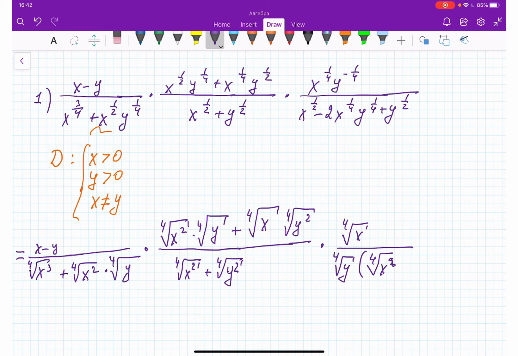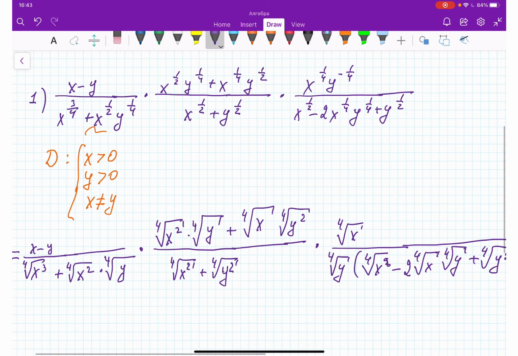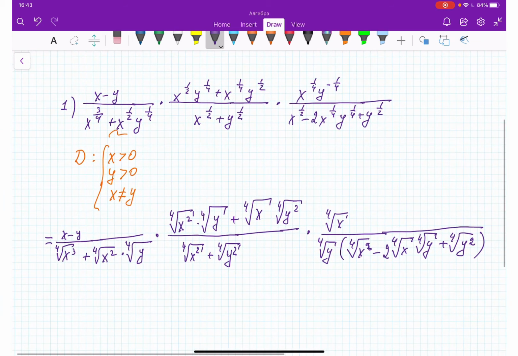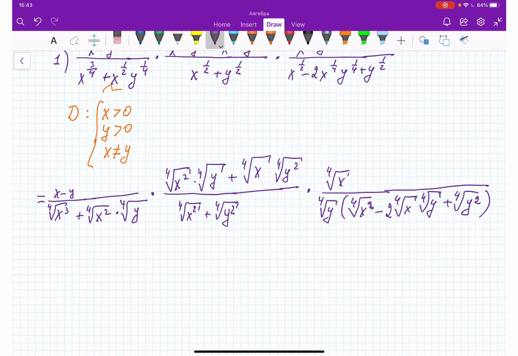Minus twice radical degree 4 of x, radical degree 4 of y, plus radical degree 4 of y squared. Yes? Okay. This is what we have.